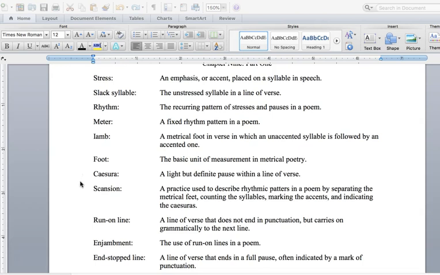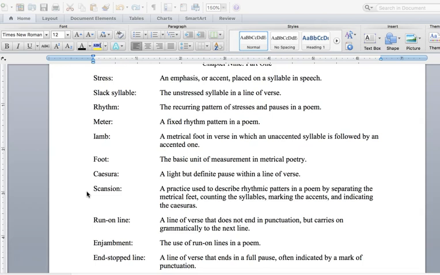And all of this work that we've just noted, when we engage in that work, we're engaging in scansion. This is the practice of describing your rhythmic patterns in a poem by looking at where the syllables are accented, looking at where they're slack, looking at where there's caesuras, and separating out the metrical feet in the poem.